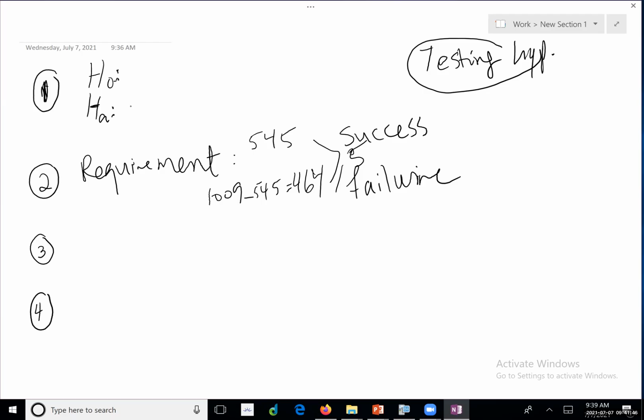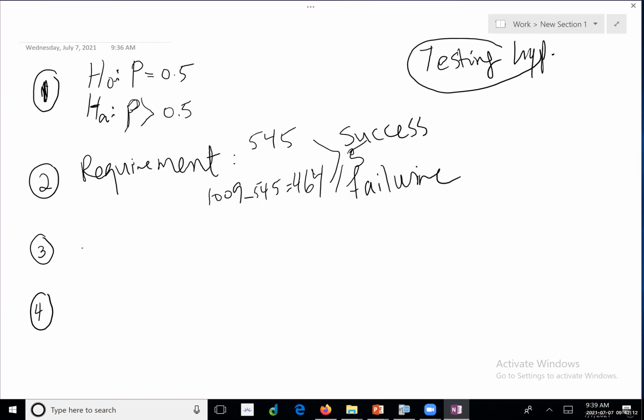In this case, the alternative is p, the population proportion, being greater than 50%. That's your claim, majority. And the equality of that is the null hypothesis. So null hypothesis is always equality.